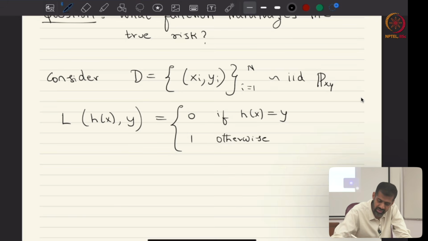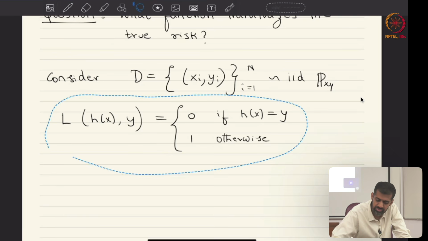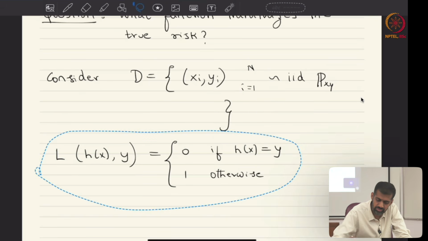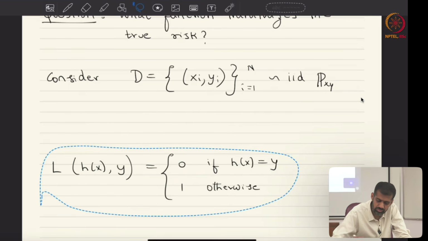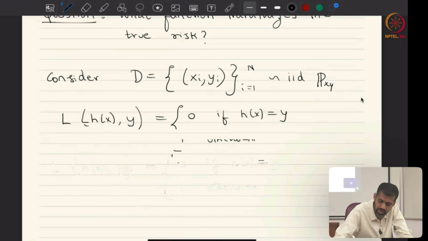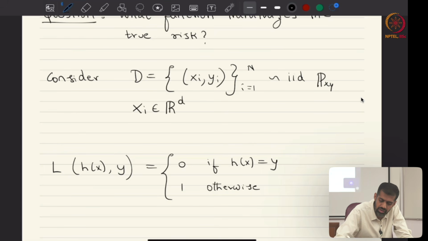And let me make it more specific. Suppose our x_i is in R^d and y_i is binary.